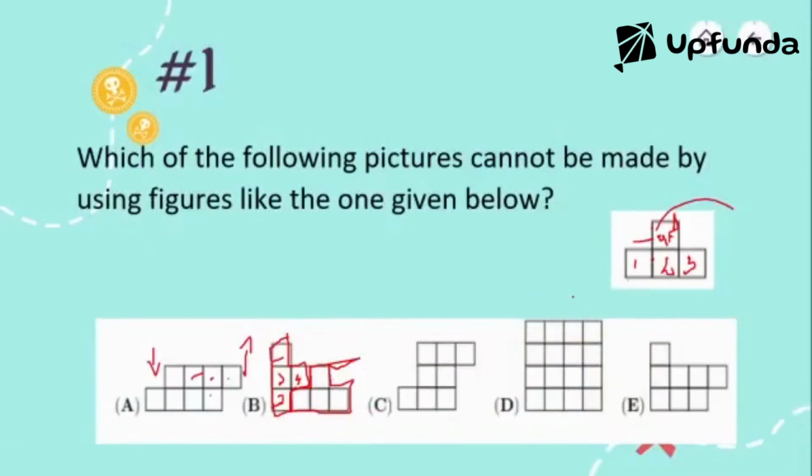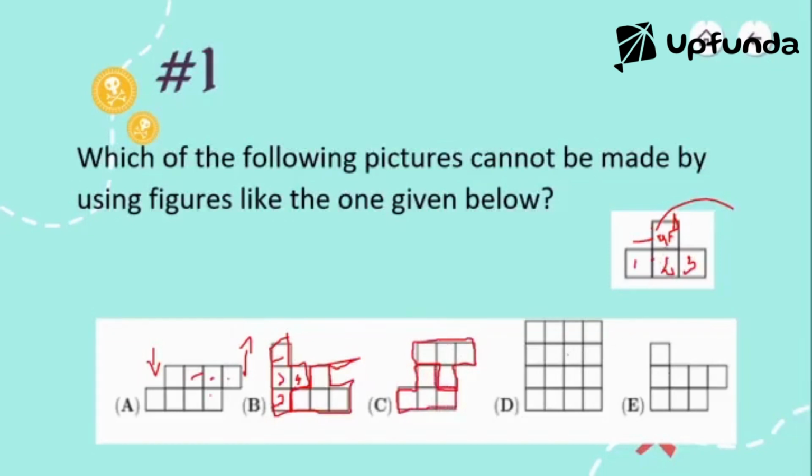Okay, we now move on to the third one. See, this is an easy one. We can see it by this T-shaped square, and this one is another T-shaped square. So we can also construct this type of shape using these squares.